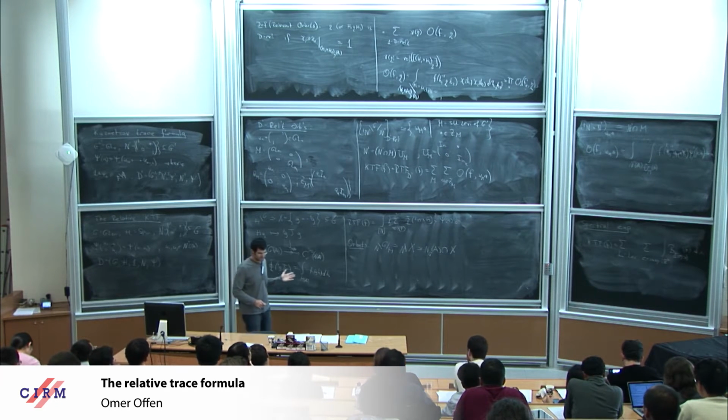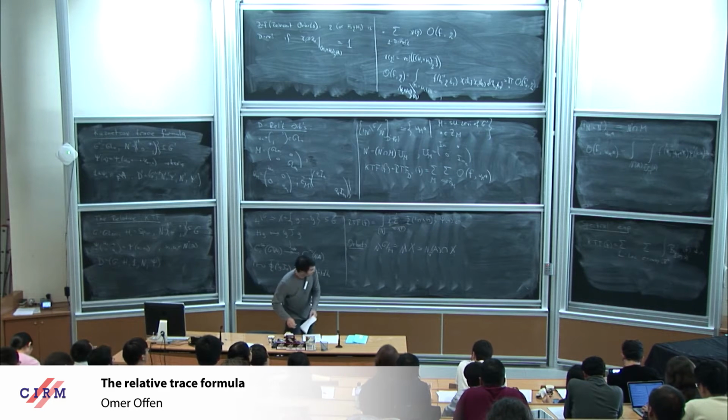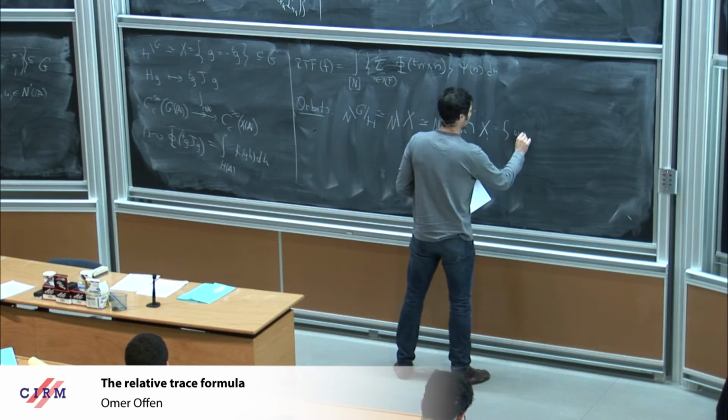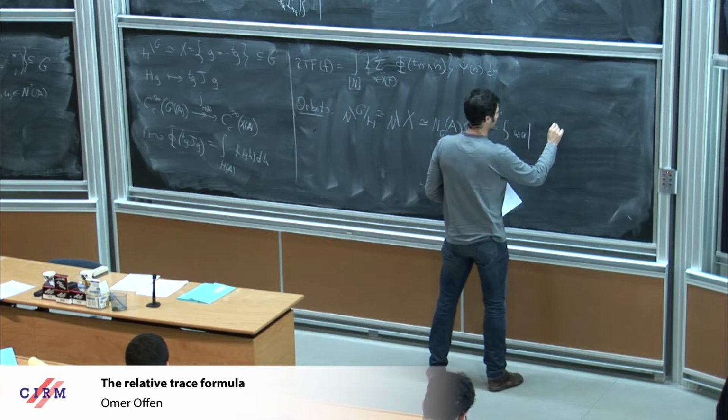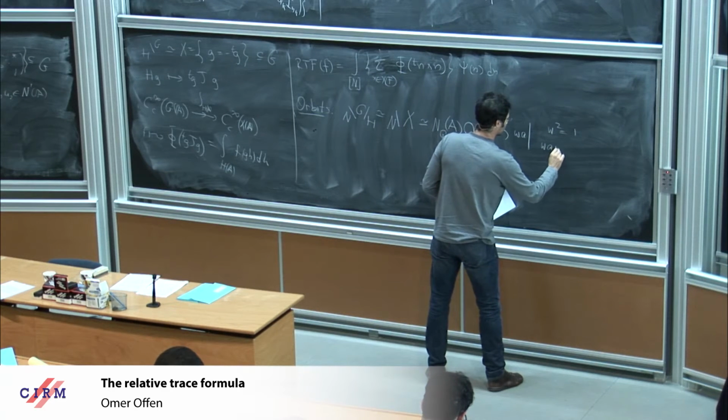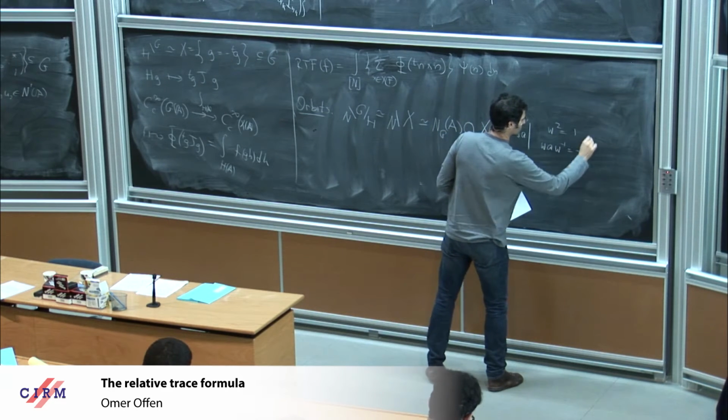So this is a very explicit set. One can write down exactly which scaled permutations appear there. This is WA, where W is an involution that conjugates A to minus A.